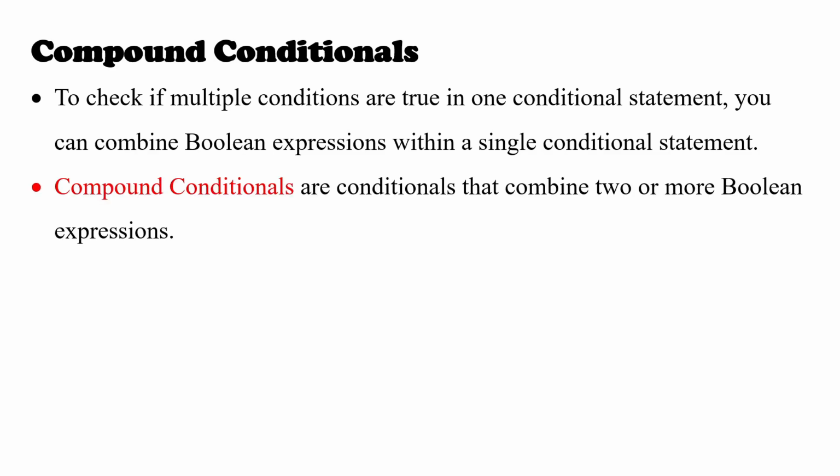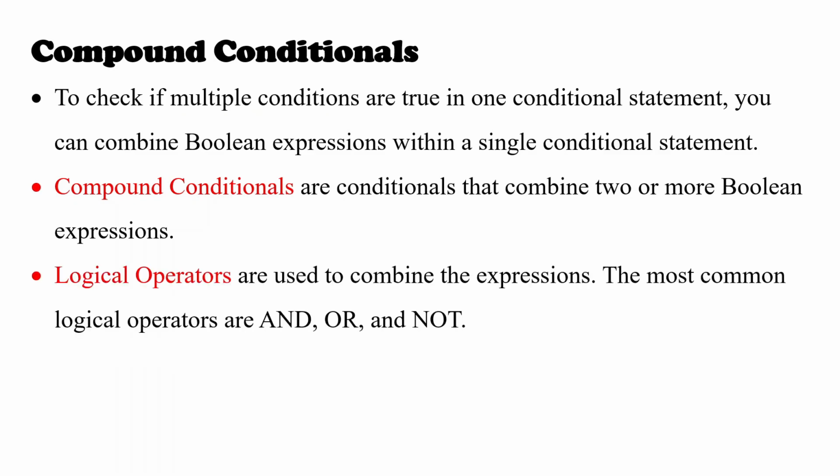And that's called a compound conditional when we have all of those Boolean expressions. And we use a logical operator to combine them. The ones we are going to go through in our CSP course, as well as our programming courses, are and, or, and not. Those are the three. There's a few additional logical operators, but we don't get into them in the introductory course.